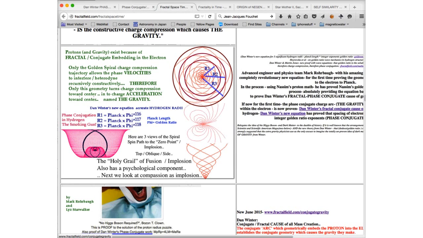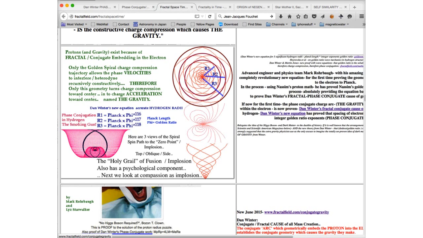So I got lucky and wrote a new equation. And I thank Mark for helping me write a Google program to do those calculations. But basically, the equation is right here in the center of this picture, that there's three radii of hydrogen, all known to be related by golden ratio.